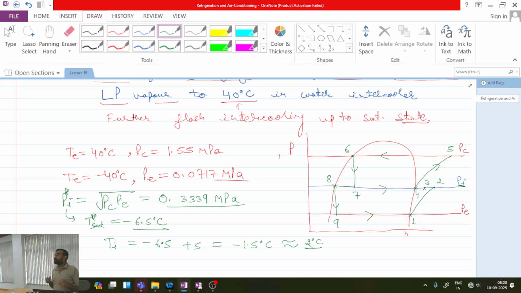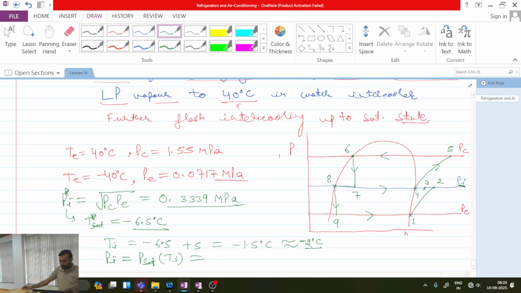Now what will be my actual intermediate pressure, Pi? It will be nothing but P sat at temperature Ti, because we are now going the reverse way. So minus 2 degrees Celsius. Is it correct?